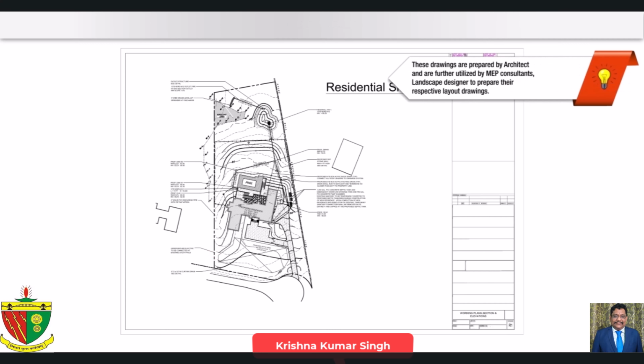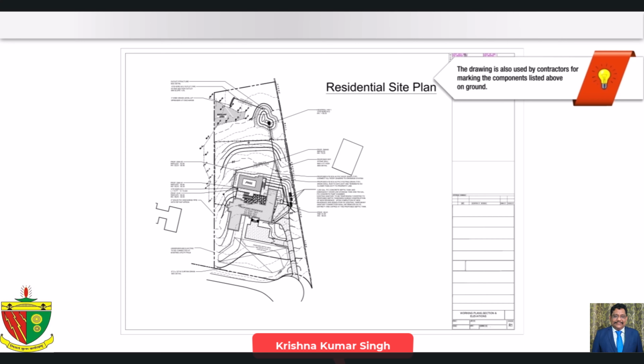Note, these drawings are prepared by architect and are further utilized by MEP consultants, landscape designer to prepare their respective layout drawings. The drawing is also used by contractors for marking the components listed above the ground.